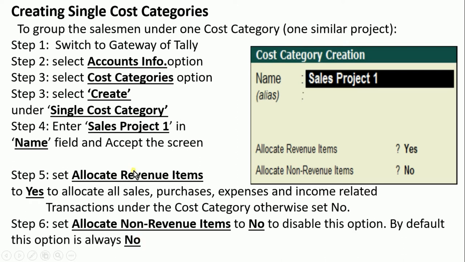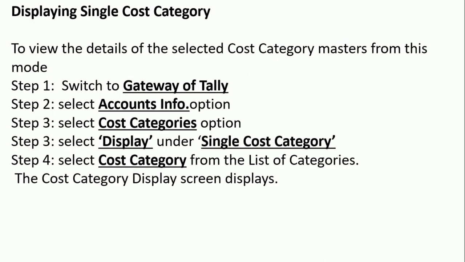Afterwards, how can we display a single cost category? The creation is over. The same method, step 1, switch to Gateway of Tally, select accounts info. Okay, earlier we have seen in accounts info there will be groups and ledgers and voucher types, and there will be another one now, that is cost category.